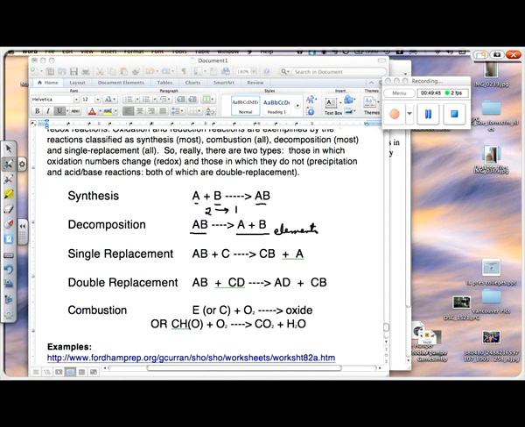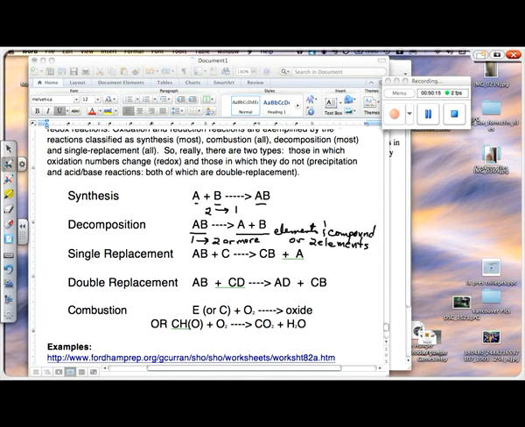So one compound could break down into an element and a compound, or two elements. Same thing with synthesis. You could start off with two elements and make a compound, or you could have an element and a compound make something; it does not have to be two elements making a compound. It's two becomes one in synthesis, and one becomes two or more in decomposition.